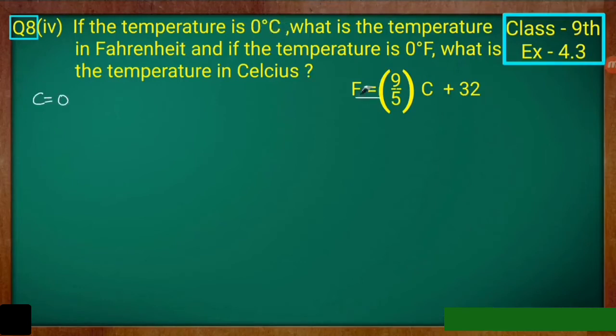So Celsius is 0. F equal to 9/5 into 0 plus 32. So Fahrenheit equal to 32 degrees, because when we multiply 9/5 by 0, it becomes 0. So Fahrenheit is 32 degrees.